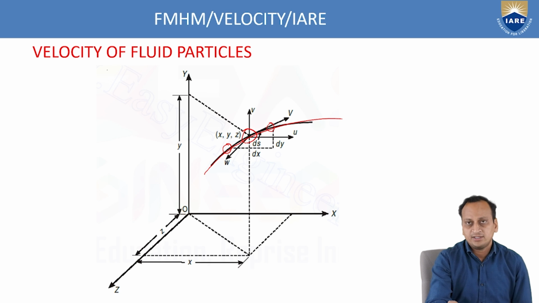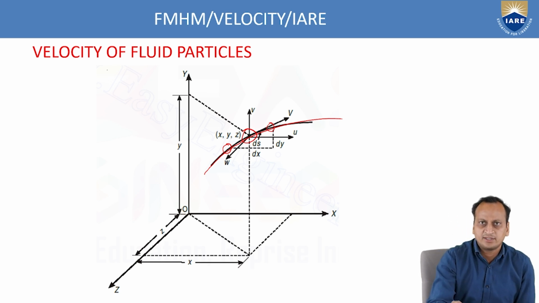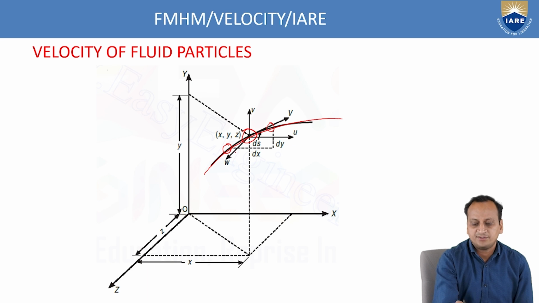There will be two different times, and there will be a displacement as it is moving from one position to another. Change in position is a displacement. If you draw a horizontal line, that gives dx, a component about x, and dy is vertical, and the change in position is ds.